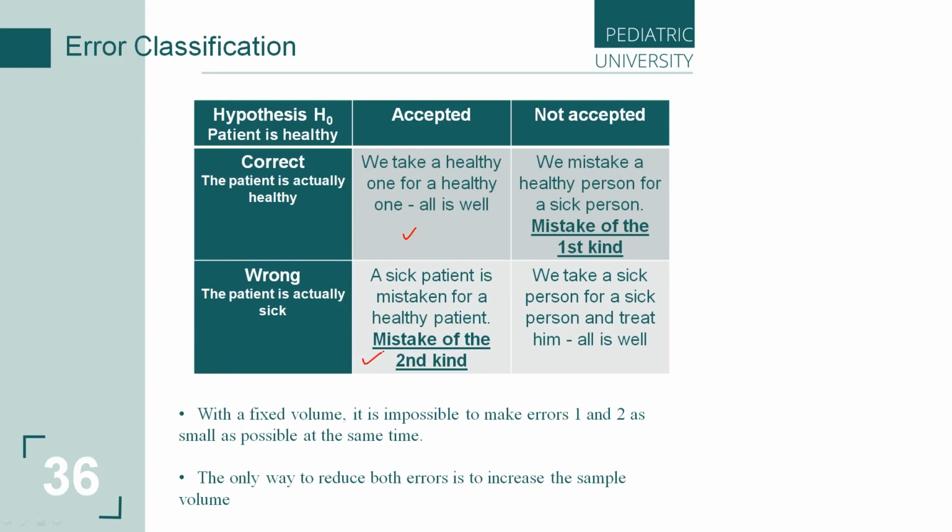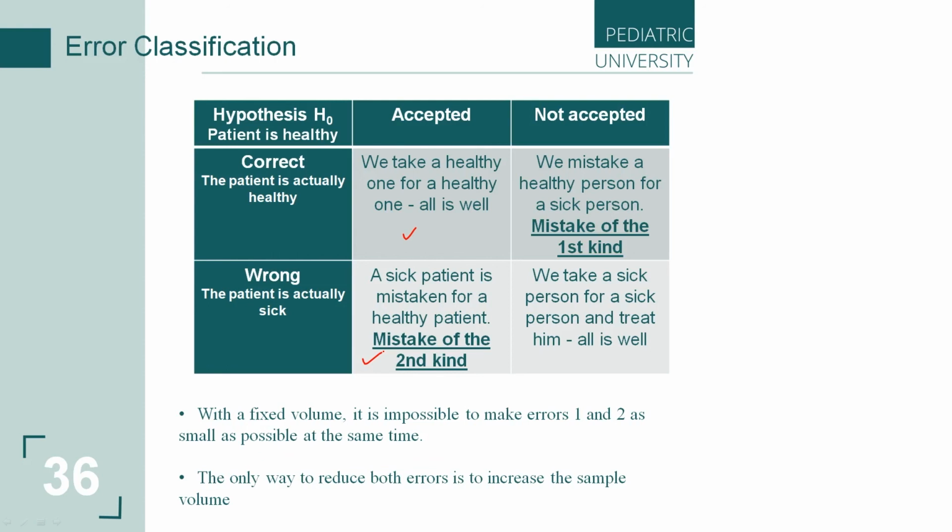And yes, it's a mistake, but it's not that critical. We'll schedule a follow-up study and find out that our patient is really healthy and everything is fine. But maybe the hypothesis is wrong. The patient could be sick. Here, if we reject the null hypothesis that the patient is healthy and the patient is sick, we get it right.